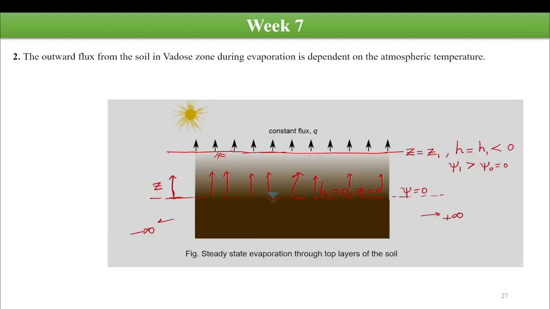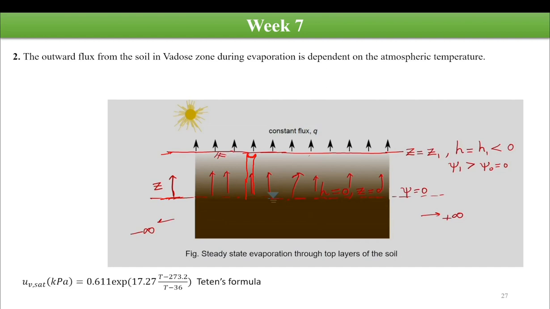The second question is that the outward flux from the soil in the vadose zone during evaporation is dependent on the atmospheric temperature. The outward flux actually depends on the change in head between these two points. As the elevation is already different, it basically depends on the suction head. The suction value at the top, in the capillary, depends on the temperature at the top.